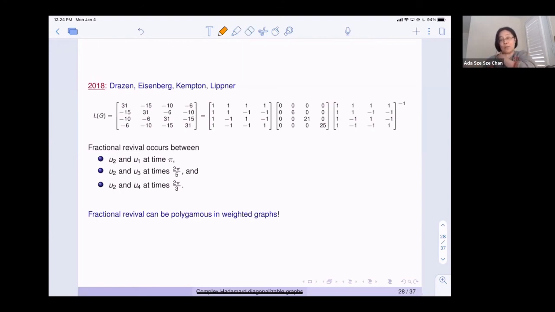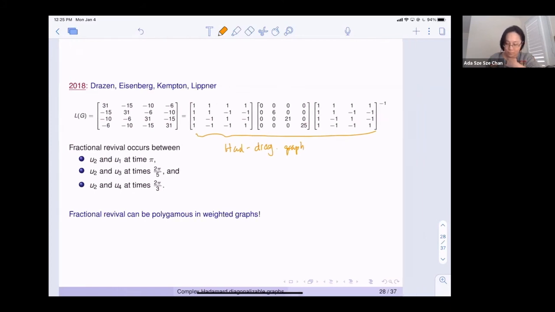The second vertex has fractional revival to all the other vertices. And if you look at this example, it's a Hadamard diagonalizable graph. So we have this 4x4 example towards the end of 2018.